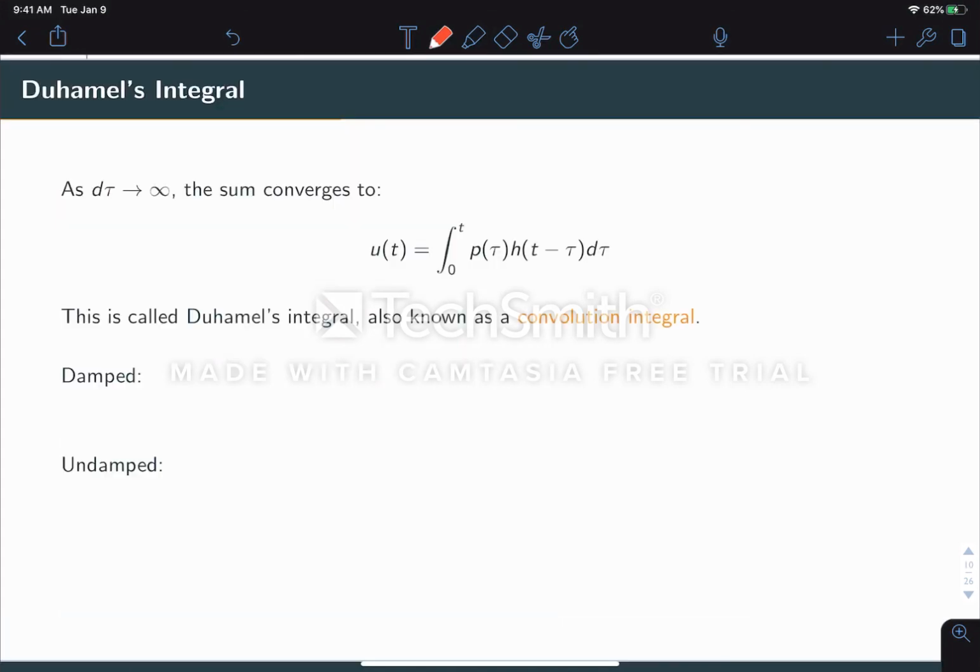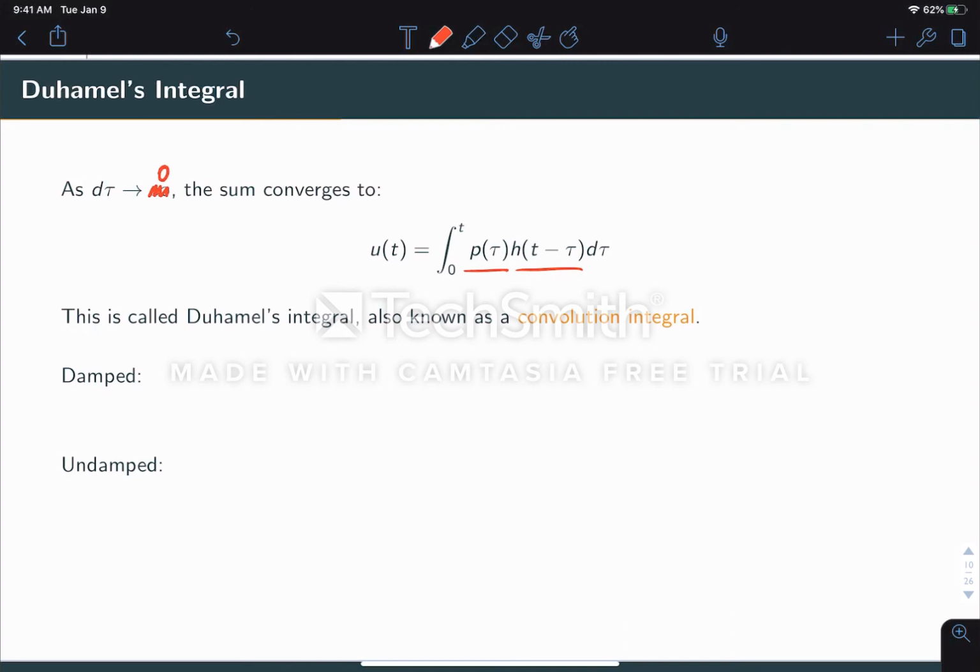And without going too much into the theory here, we'll simply go straight to the result and say that as that d tau goes away, as we move away from the discrete type of thinking and squeeze that d tau to 0, this should be 0 instead of infinity, that sum converges to a pretty simple integral actually, which is the integral from 0 to t of the loading function, p of tau, times the impulse response function shifted by tau.